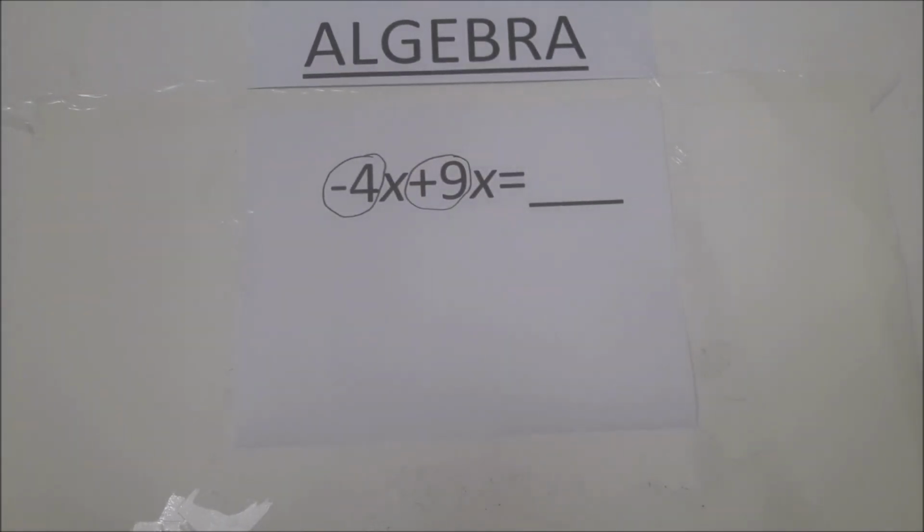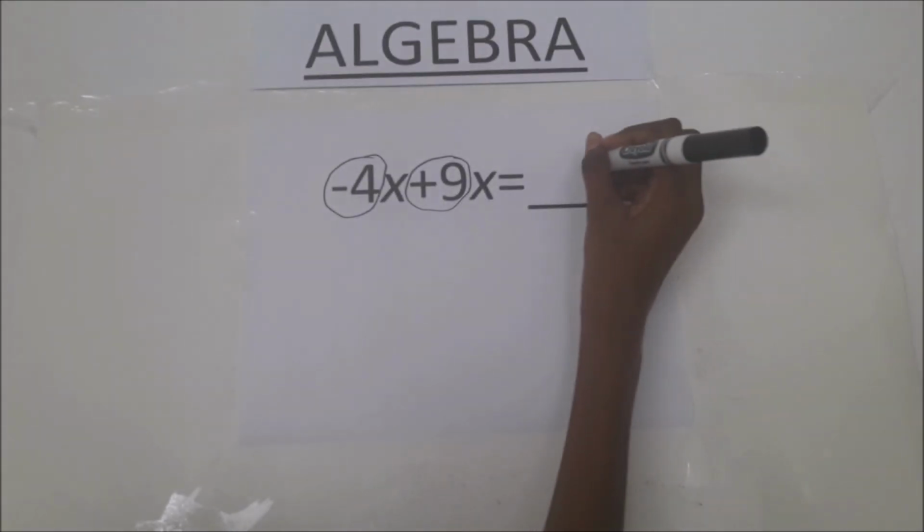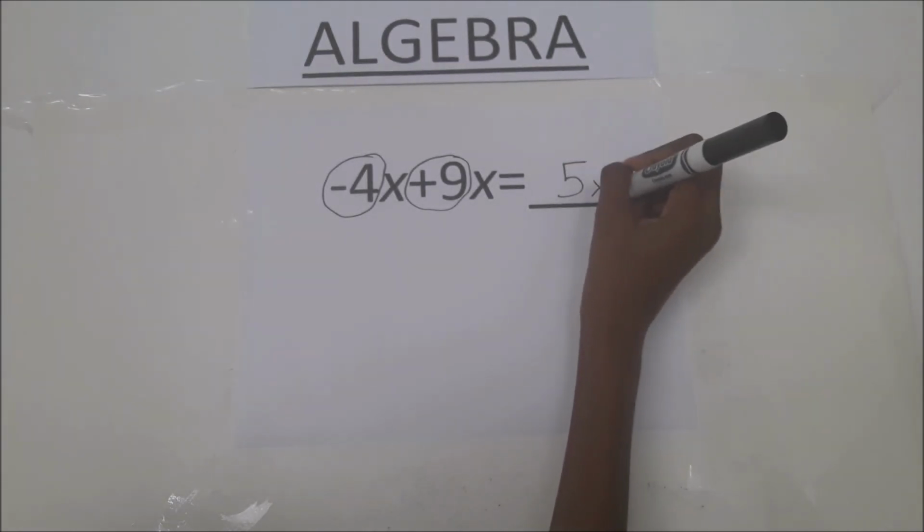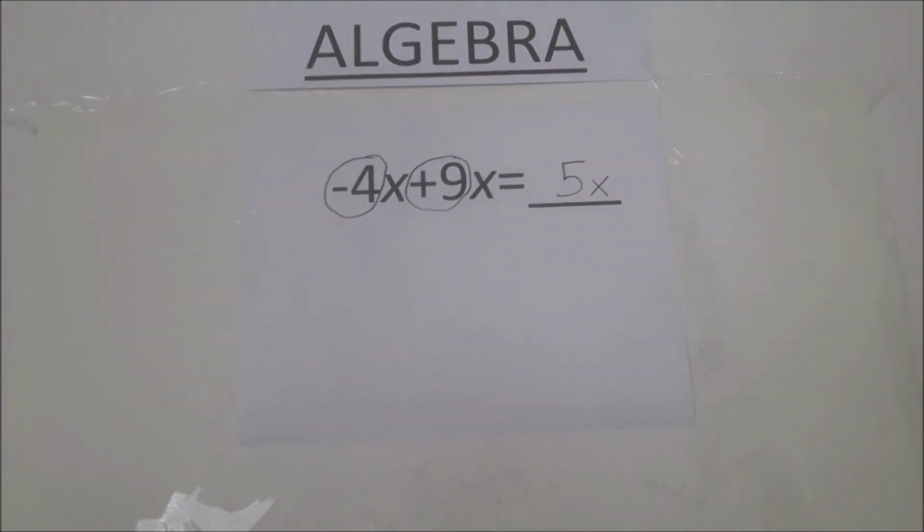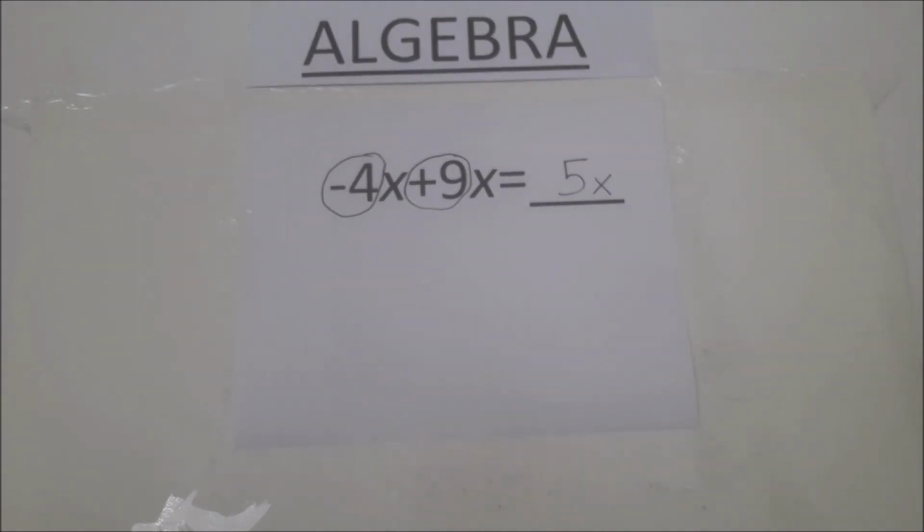Positive. So you don't have to put anything. Then what do you do? Subtract. Go ahead. Very good. So right away you know it has to be a positive because it's +9. And then you take away 4, so you get 5x.